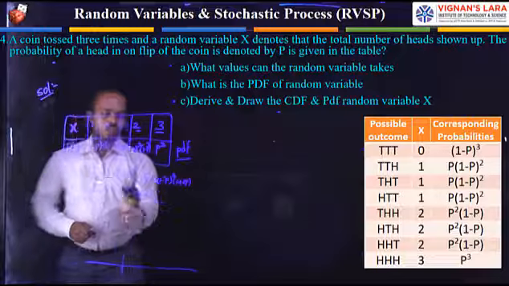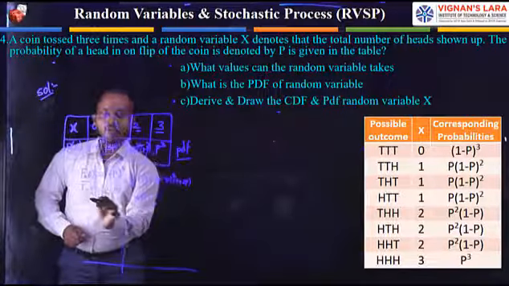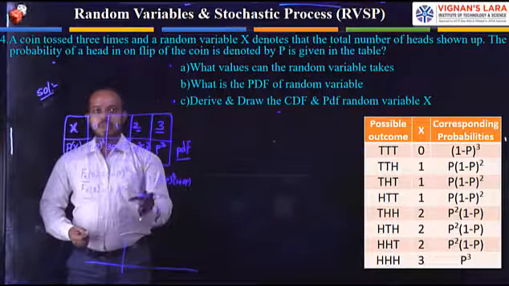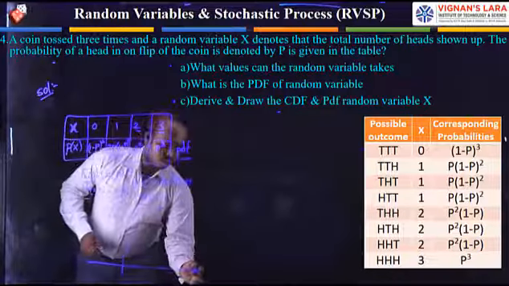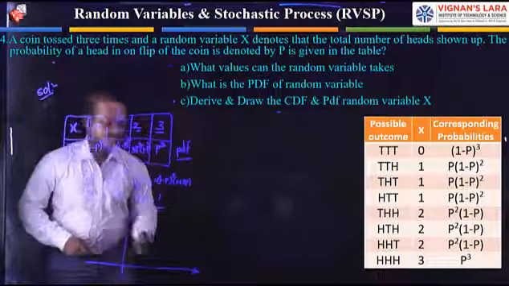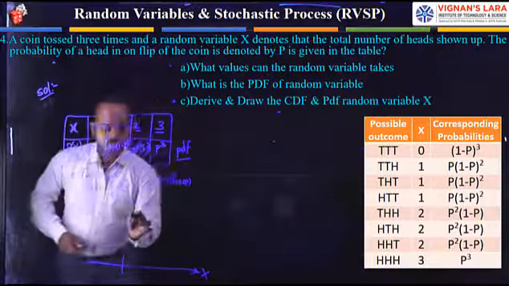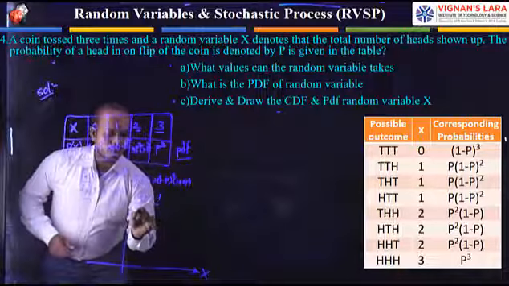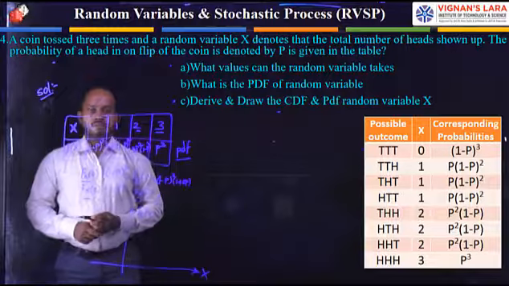Already we found all the values of Fx of 0, Fx of 1, Fx of 2 and Fx of 3. These values I am representing on a graph. On the horizontal axis I am taking the random variable, capital X, and in the vertical direction I am taking the distribution function, Fx of x.